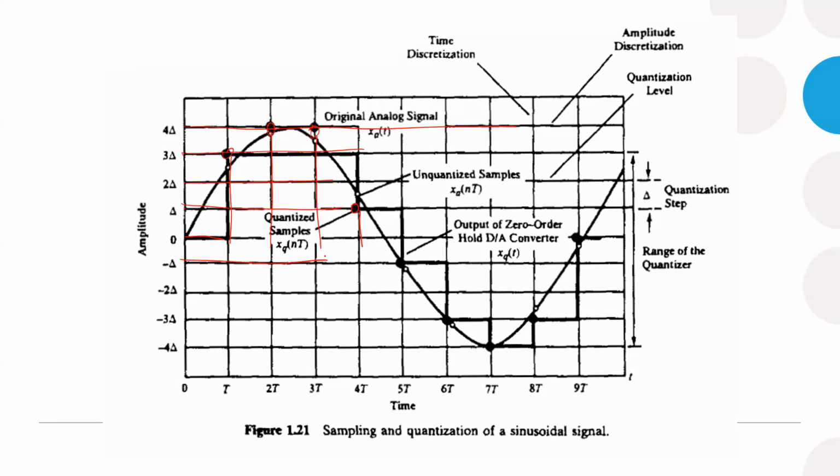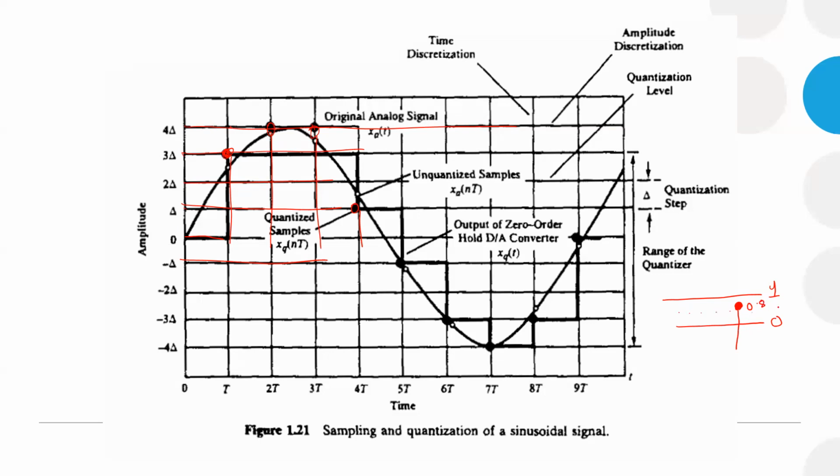So we have to take these random values into those particular levels. Say, for example, I have a level 1 and a level 0. Now my discrete time signal has an amplitude between 0 and 1, and it is actually 0.8.